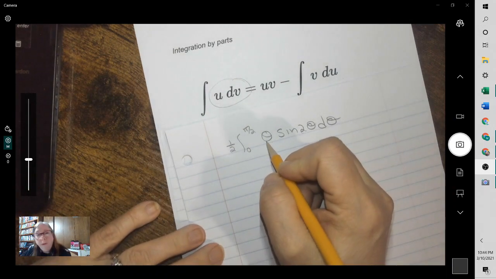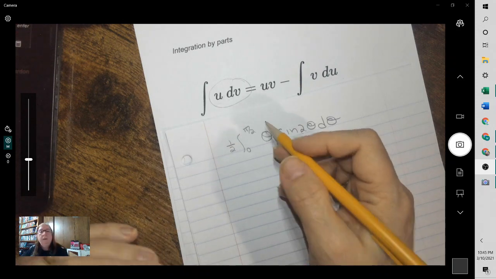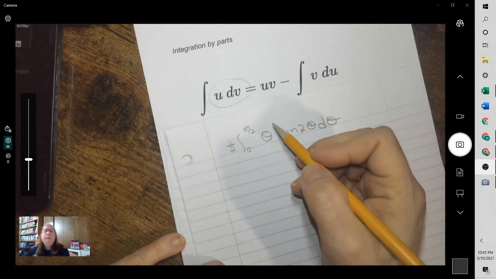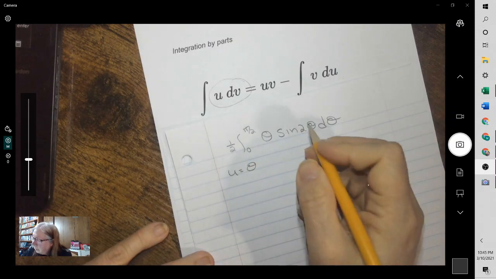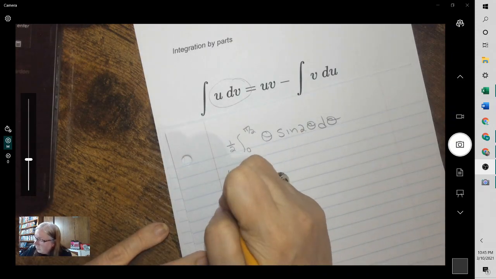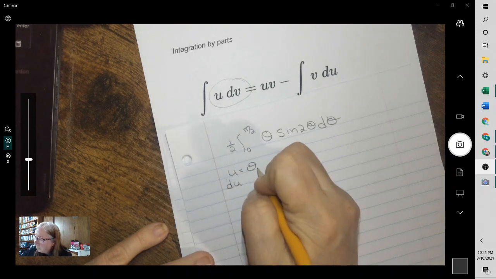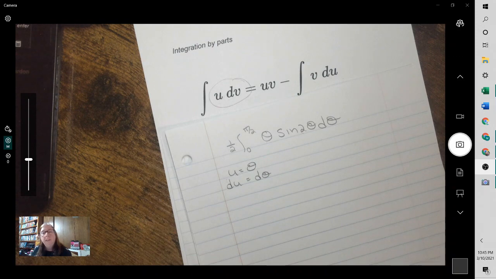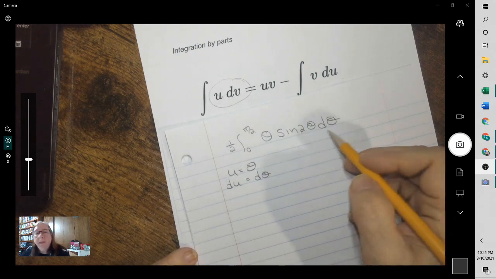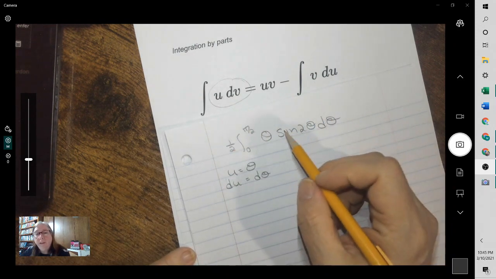You want u to be the simplest part so that it would break down, and theta becomes 1. So we would let u equal theta, because then the derivative of u is du, and the derivative of theta is 1 d theta. So it breaks down nice. Well, that means then dv is the rest of it.